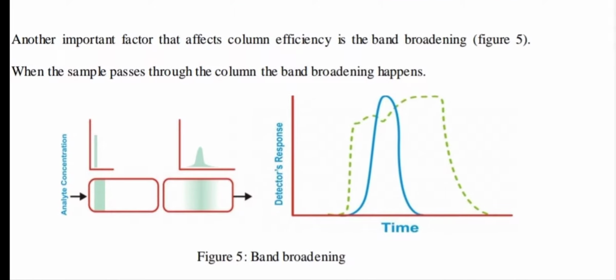So this is band broadening, and band broadening is not desirable for good separation. So if a clean peak is not there, then we have to reconsider the column selection.